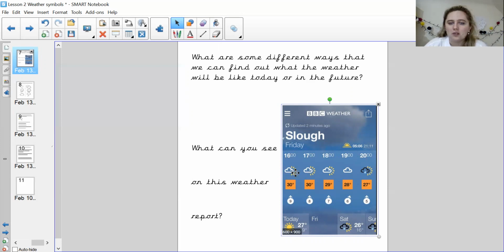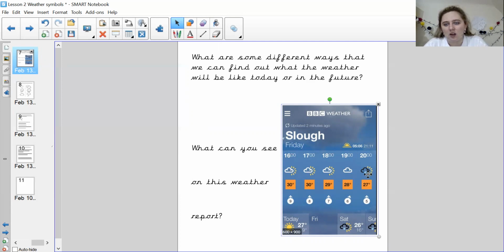These symbols kind of give you a quick summary about what the main types of weather are going to be like at that time. So at 4 o'clock, it said it's going to be cloudy with a little bit of sun. The same at 5 o'clock, the same at 6 o'clock, but then at 7 o'clock, the sun is going to disappear and it's only going to be cloudy.